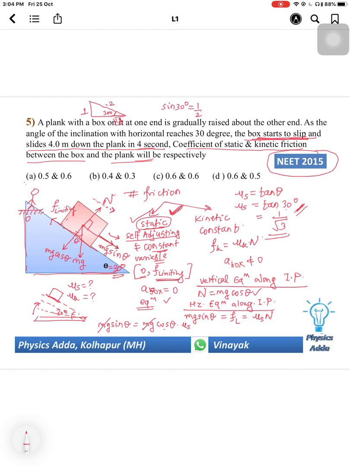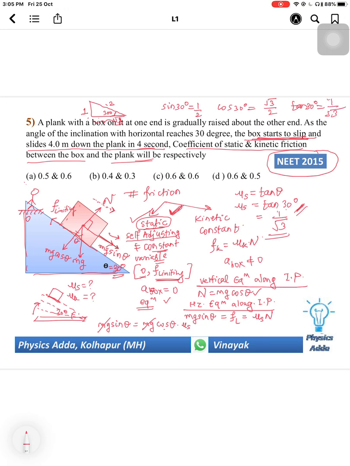So what will be the cos of 30? It will be the adjacent side divided by the hypotenuse. So this will be root 3 by 2. Right? And what will be tan 30? This will be 1 by root 3.